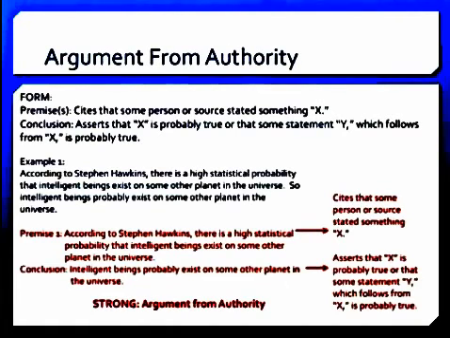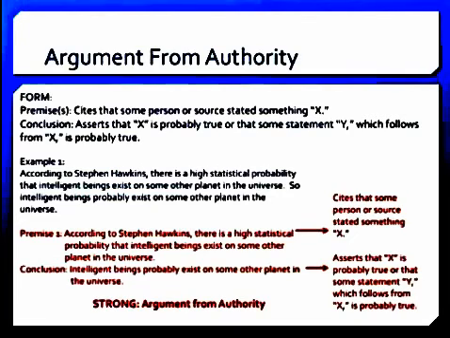Now, what's going on in this argument is that the support that the premises provide to the conclusion depends on the reliability of the source that's being cited. Because Stephen Hawking is a very well-known mathematician and also scientist, he actually would be a good, reliable source about the statistical probability of intelligent life existing on other planets in the universe. So this would be considered a strong argument.